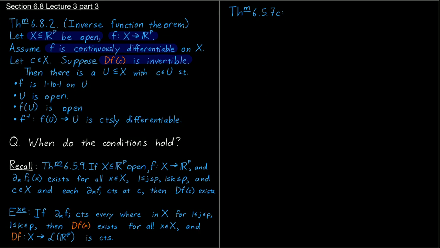Theorem 6.5.7c says that under the conditions of theorem 6.5.9, X is open and all the partial derivatives are continuous, we have that df of c of the vector x, you can write that as a matrix.